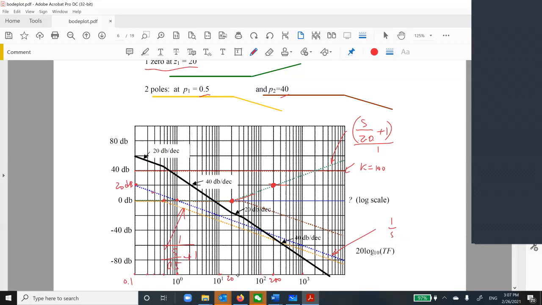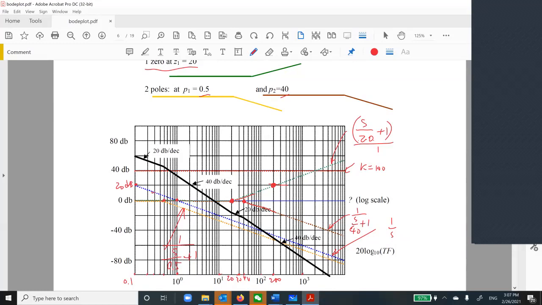So 10, 20, 30, 40. 40 is here. So this color is my 1 over S divided by 40 plus 1. Sorry, 40, not 20. Okay.